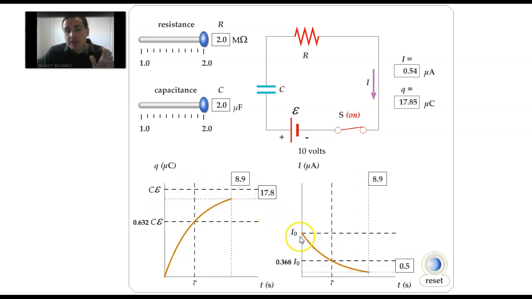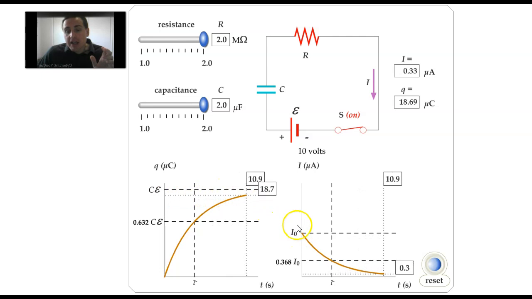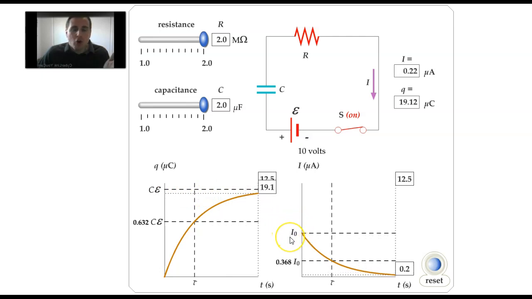But also notice that this I0 starts off smaller. Why is that? Well, that's based on Ohm's law. Ohm's law says if this capacitor starts like a piece of wire, epsilon divided by R, the maximum current, is less than when we started, but it definitely even takes longer because we cannot change the current as quickly having a larger resistance.